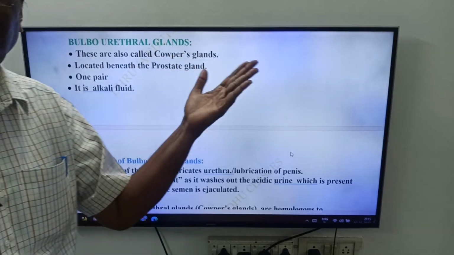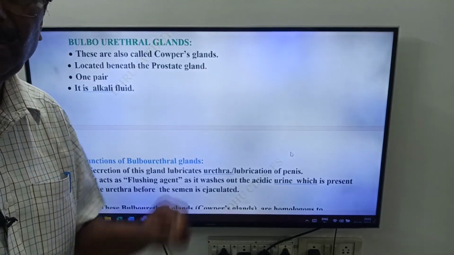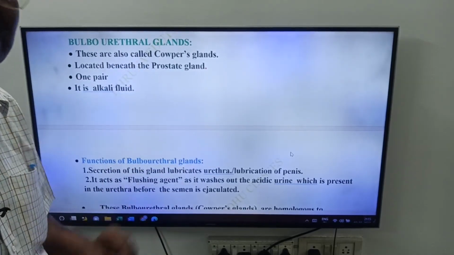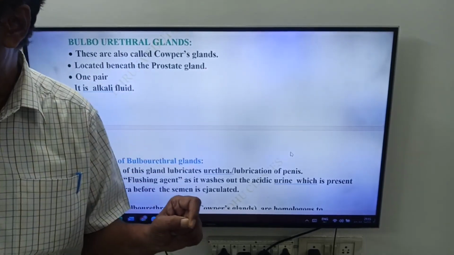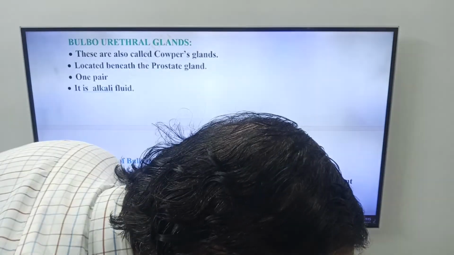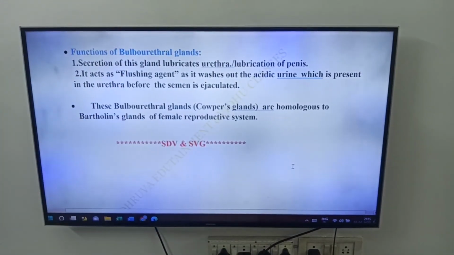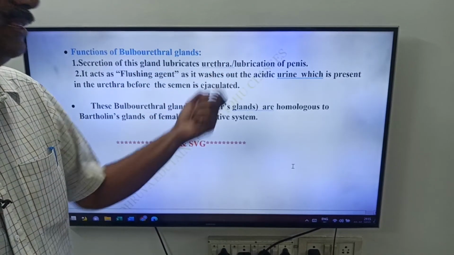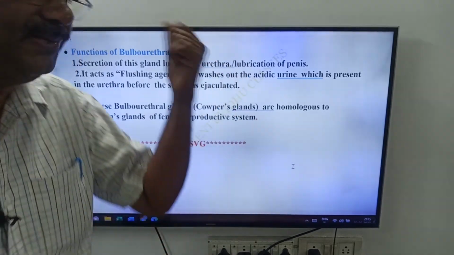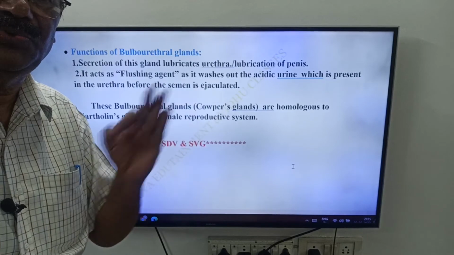They secrete alkaline fluid. Okay friends, what are the functions of the bulbourethral glands? The secretions of the bulbourethral glands lubricate the urethra or penis. It acts as a flushing agent, friends. You have to remember this word.